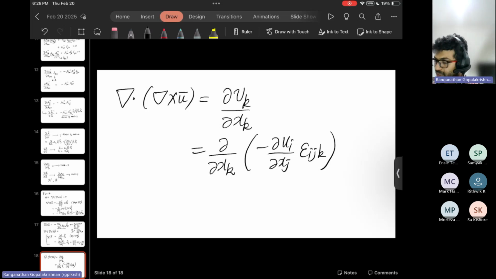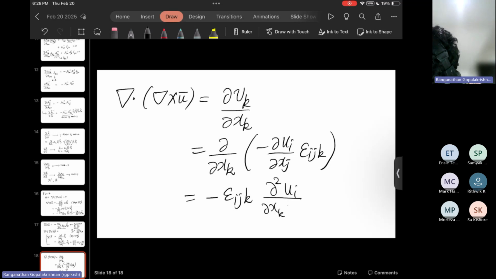How do we prove that this is equal to 0? So this is like writing minus epsilon ijk, second derivative of ui with respect to xk and xj.